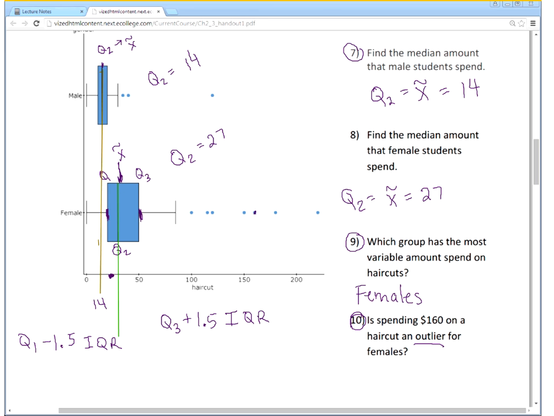So based on that, we have to determine whether we have an outlier. So the third quartile, this is for females. I have to figure out what my third quartile is. So I have to write it here. Okay, so this one's not too bad. Actually, that's much closer.